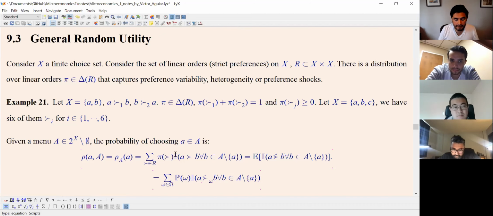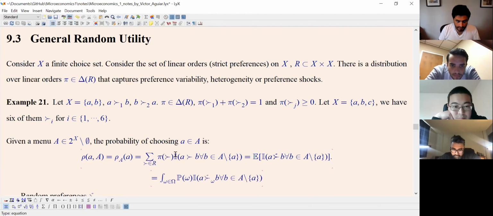In fact, this doesn't even need to be a sum, right? You can have an integral, in fact. Okay, so my only point is that these objects here, all of them give you the same probability.